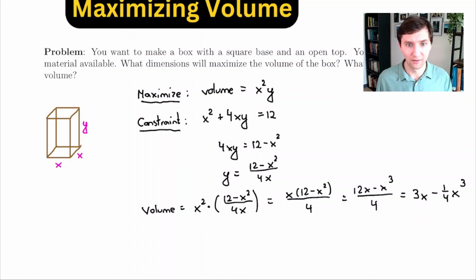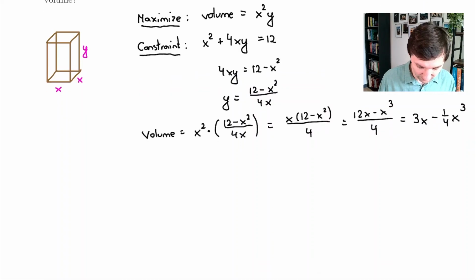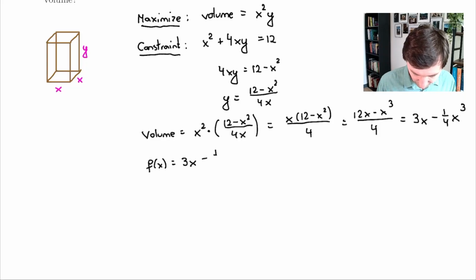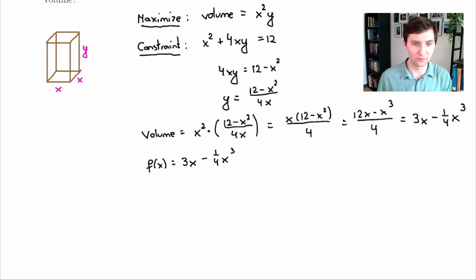Let me find the x where this function takes its maximum. To do that, I first name my function f of x. And I have f of x equals 3x minus 1/4 x to the third power. To find critical numbers, I take the derivative.